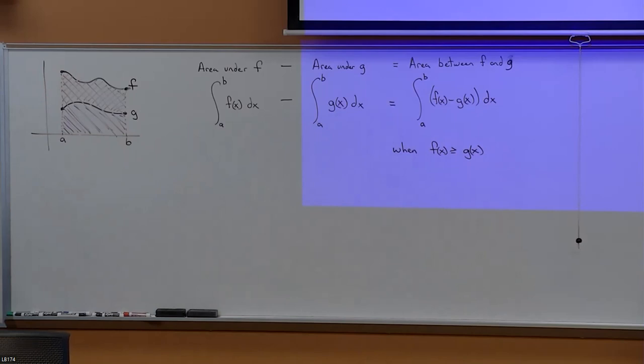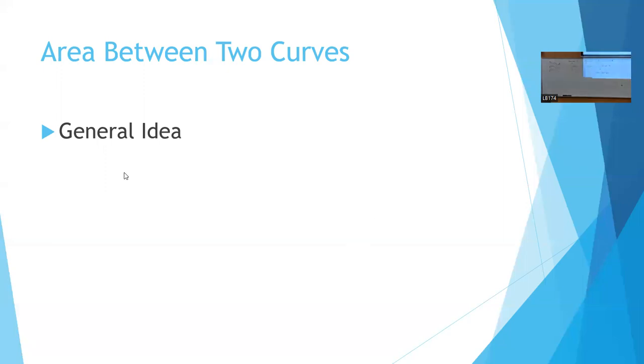And that's the basics of it. That's the general idea: the area under F minus the area under G gives us the area between F and G.